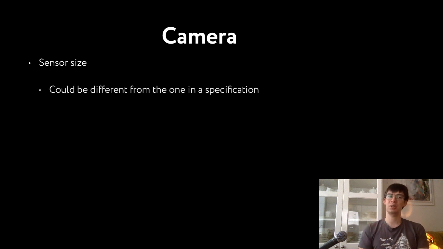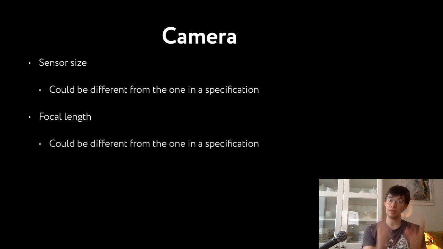Okay, we also discussed that the important information about a camera is sensor size and focal length, and the important thing is that they could all be different from the ones in the specification. If you have a sensor size on a camera, the video sensor size could be a bit cropped. You have to measure it or find the correct one.